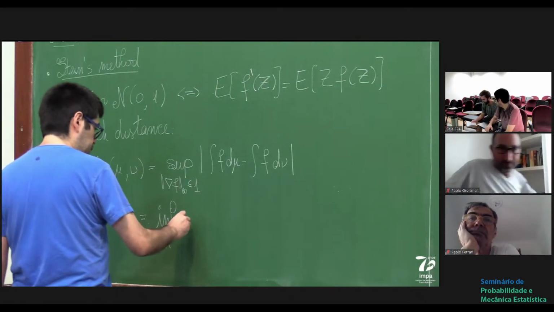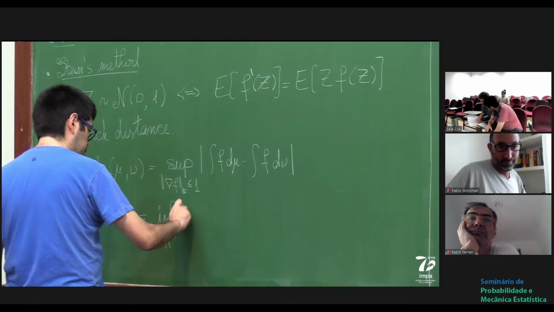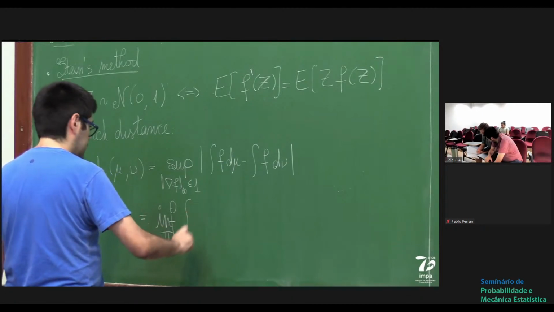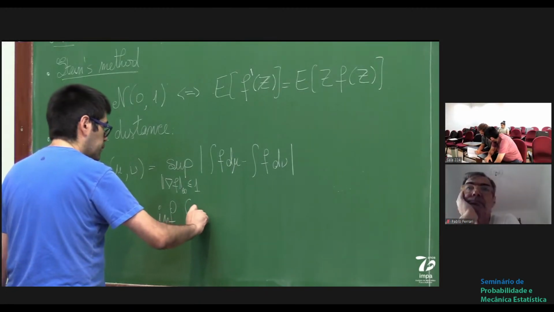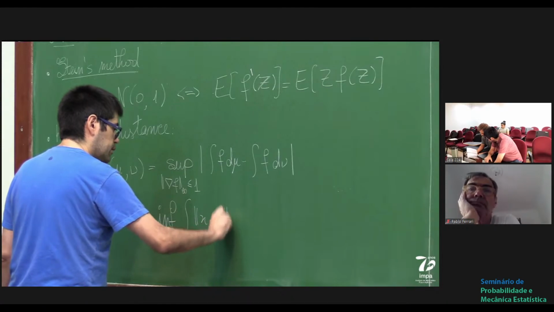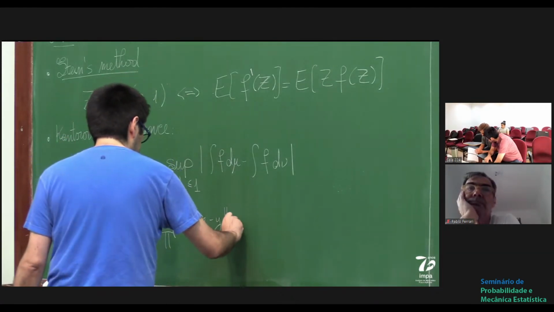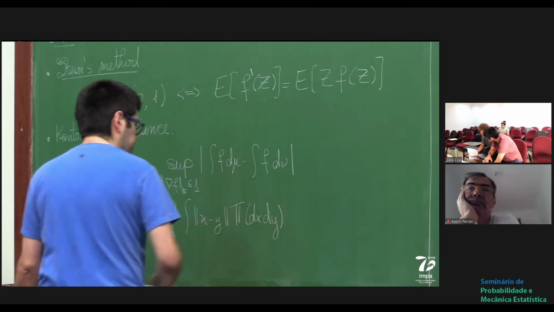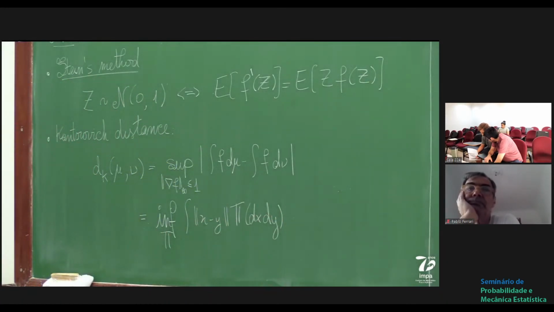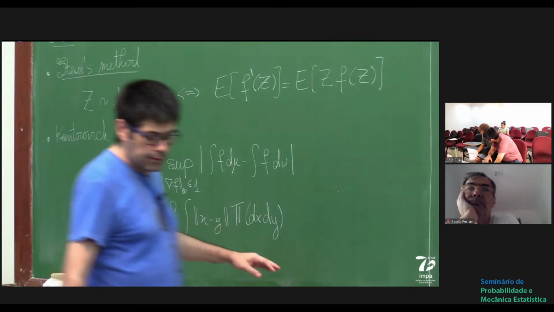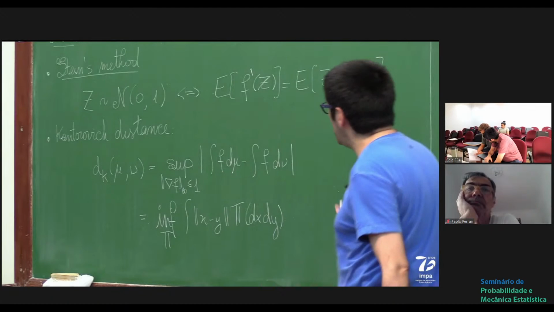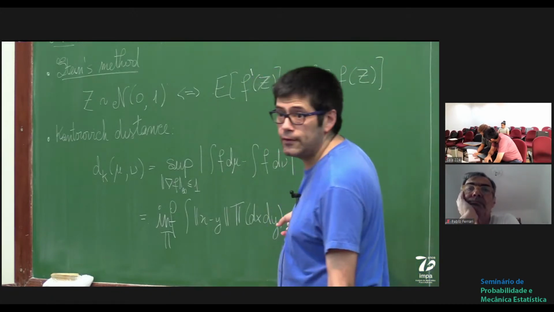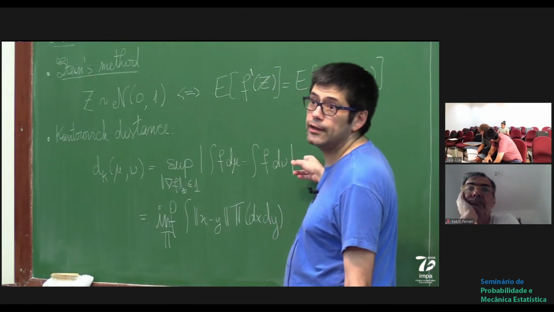So it's going to be the infimum of the integral of |x minus y| pi(dx, dy). Okay? So this is a nice thing because we can relate a probabilistic definition of this distance with an analytical definition.